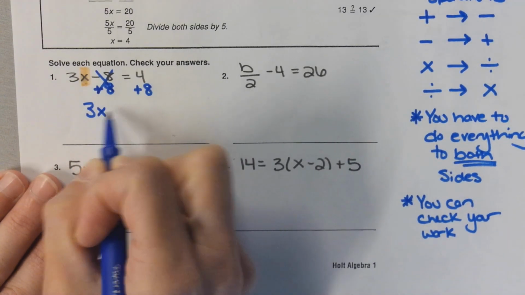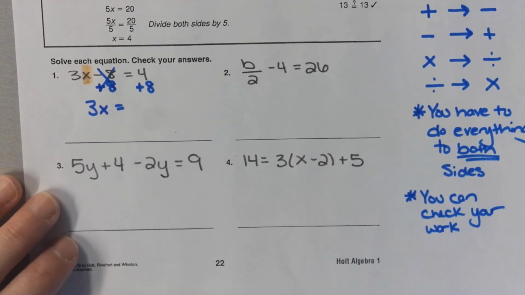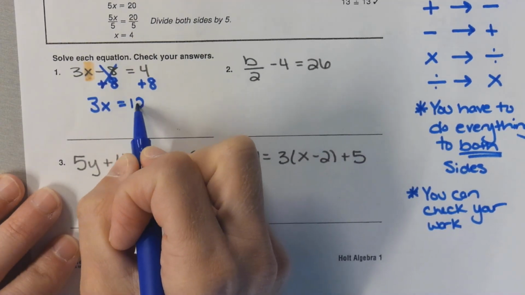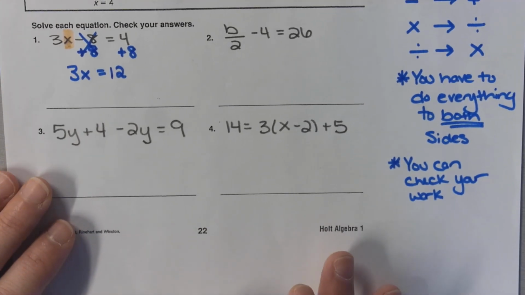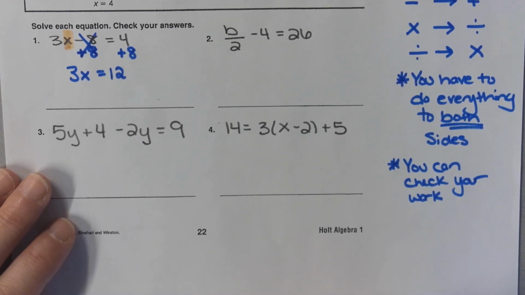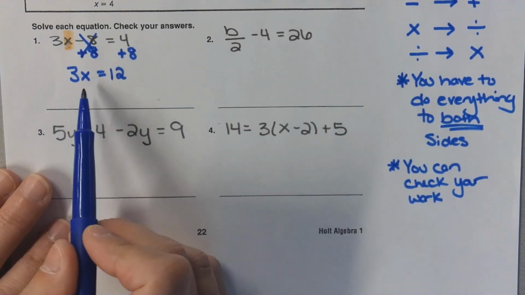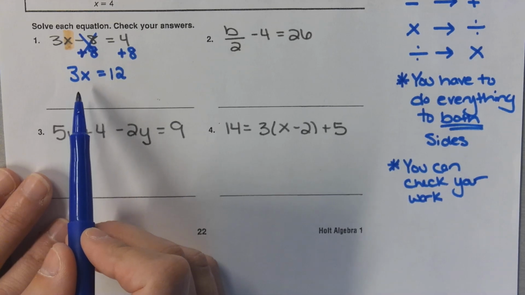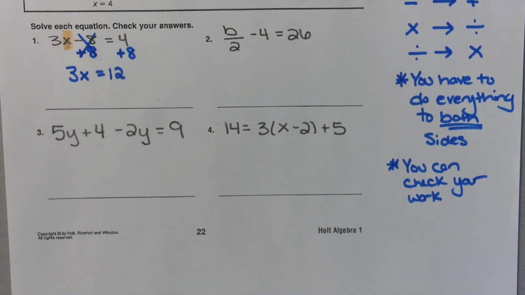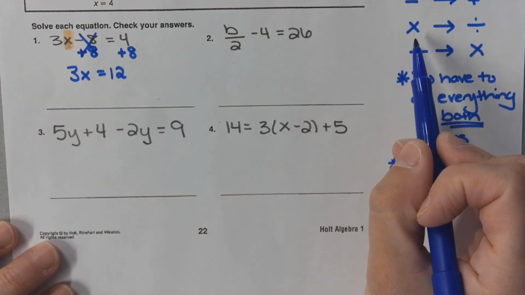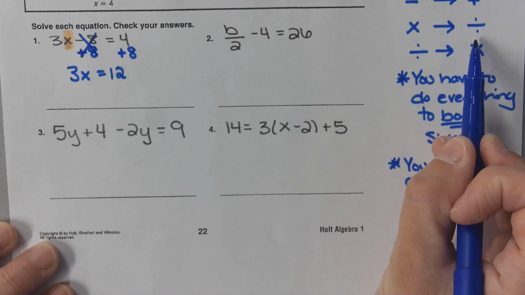So I have 3x equals, what is 4 plus 8? 12. Now, does this look like a problem we did last week? Yeah, this looks like the stuff we were doing last week. If we have two things that are right next to each other, what is really happening there? Multiplying. So we want to do the opposite, and the opposite of multiplying is dividing.